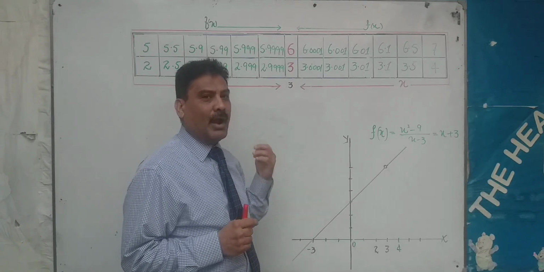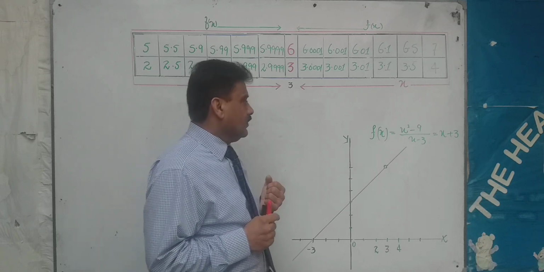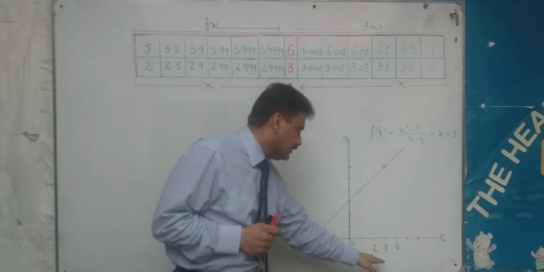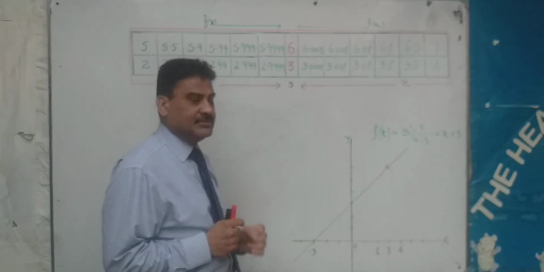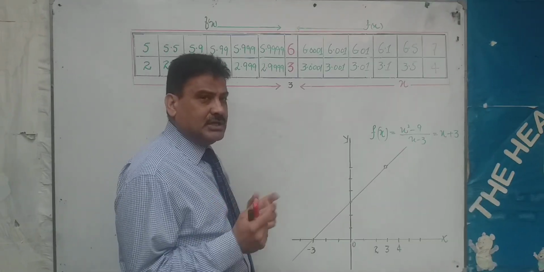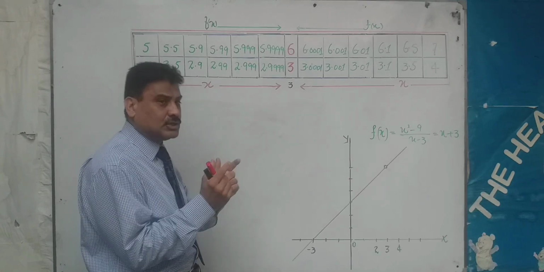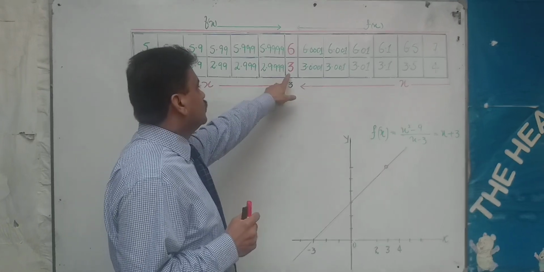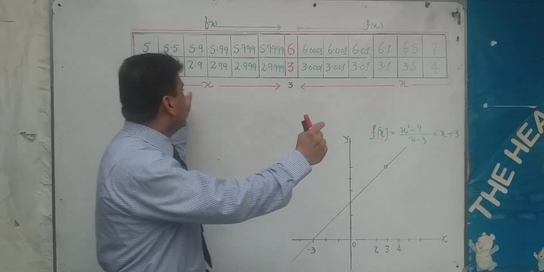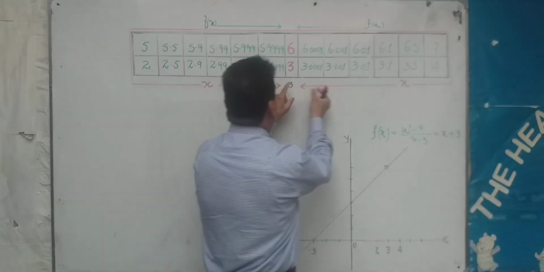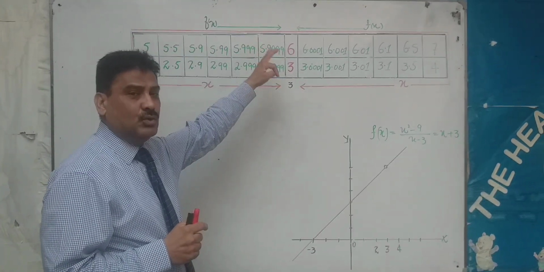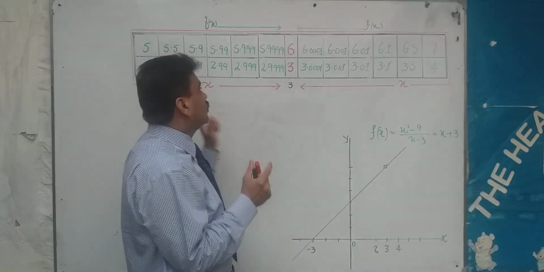We take two points: one to the left of 3, which is 2, and the other to the right of 3, which is 4. You see, as we get closer and closer to 3 from both sides, the function value also gets closer and closer to 6.